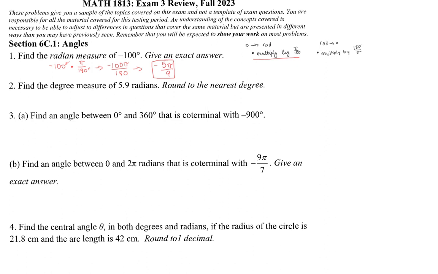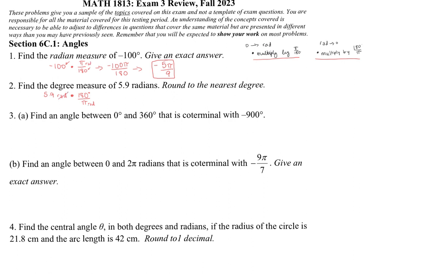Alrighty, number 2. Find the degree measure of 5.9 radians, round to the nearest degree. So we want to use this one this time. So we have 5.9 radians. And if we were trying to go to degrees, we'll multiply by 180 over pi. And pi is essentially in this radian unit.